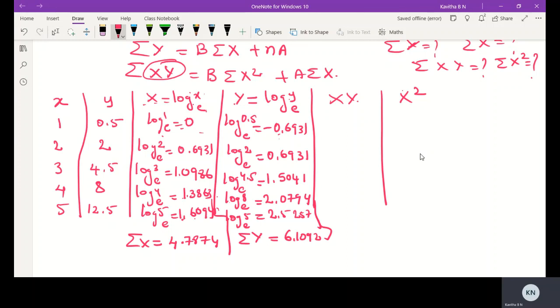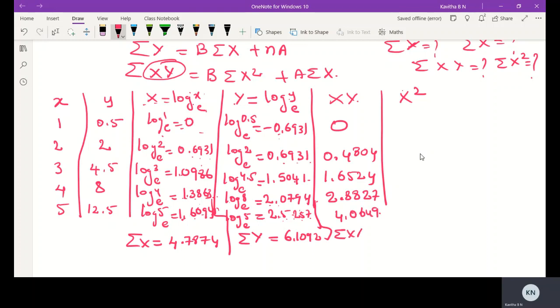Then find out the capital X into capital Y. Capital X into Y: 0 into minus 0.6931 is 0. 0.6931 into 0.6931 is 0.4804. 1.0986 into 1.5041 is 1.6524. 1.3863 into 2.0794 is 2.8827. 1.6094 into 2.5257 is 4.0649.